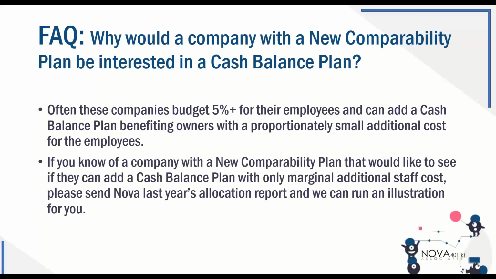If they're already giving 7.5, there might not be an additional cost. So if you are somebody who has a new comparability plan and would like to see an illustration, you could just send NOVA your last year's allocation report and we'll run that illustration for you.